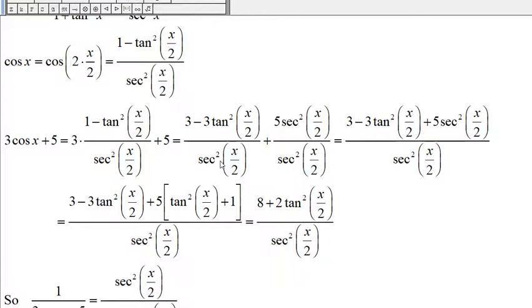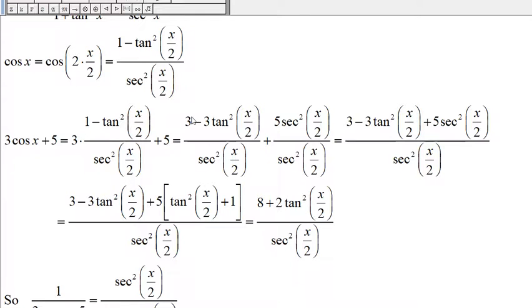We want to get a common denominator here. 3 times 1 is 3, and 3 times tangent squared is 3 tangent squared.